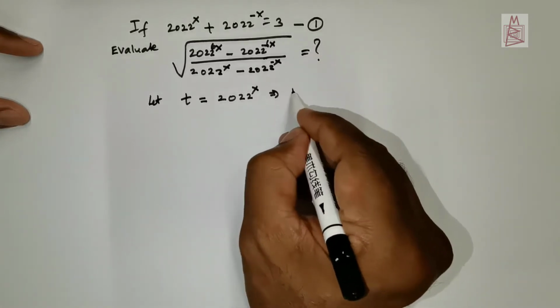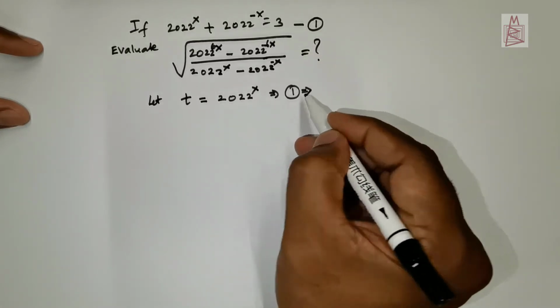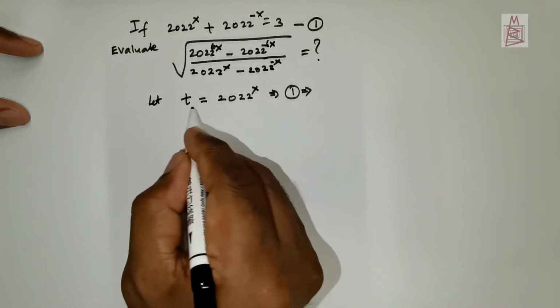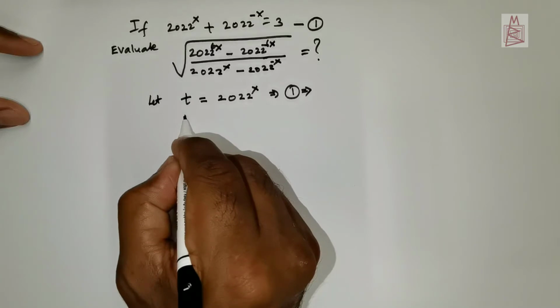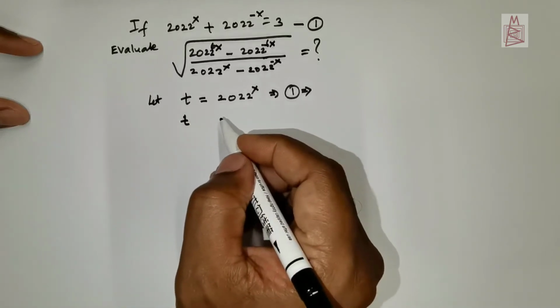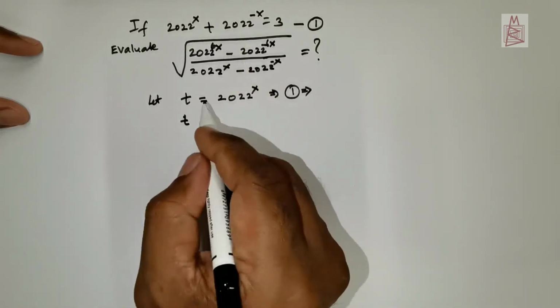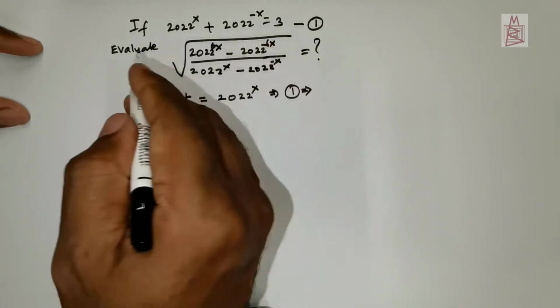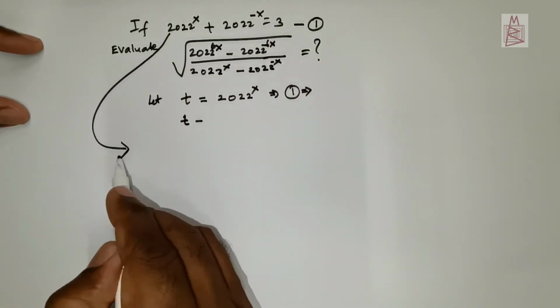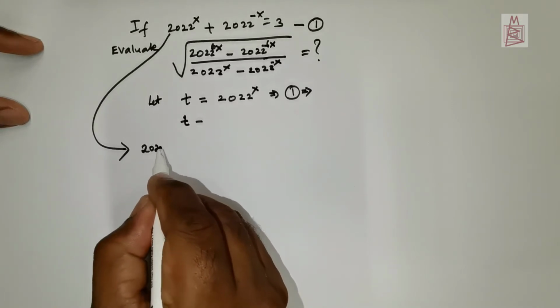This means 1 can be rewritten, in place of 2022 raised to the power x, as t.